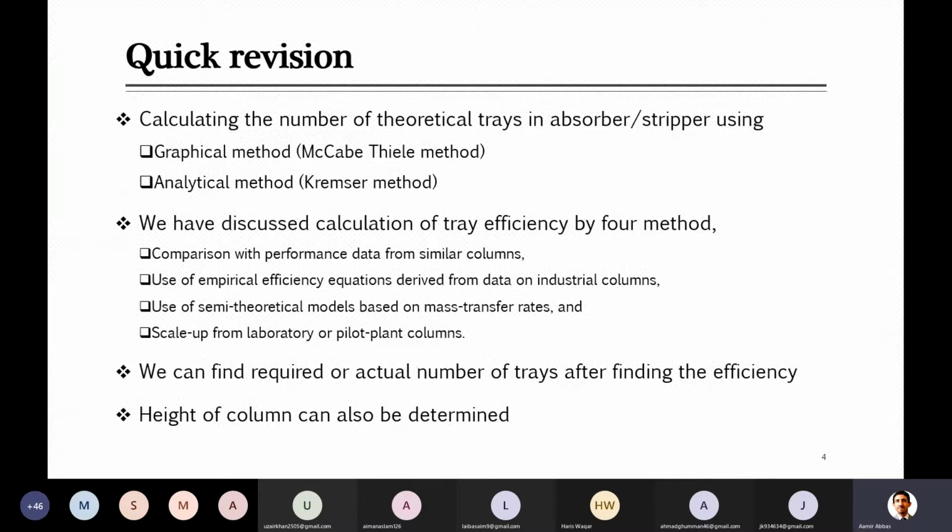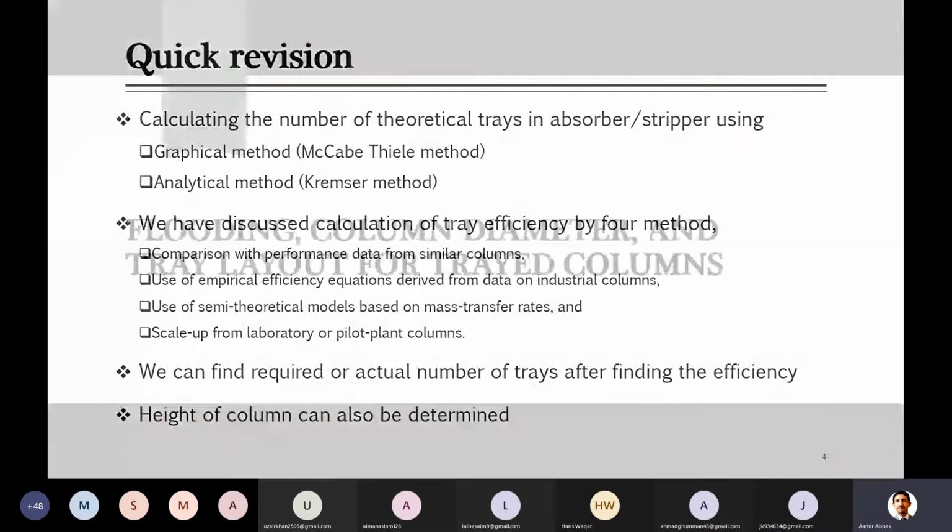This was discussed last time: you have to decide some tray spacing, and then place the number of trays you have found for a specific separation in a column. You have to add some height at the top for liquid droplet disengagement from the vapor, and some space at the bottom of the column for accumulation of liquid.